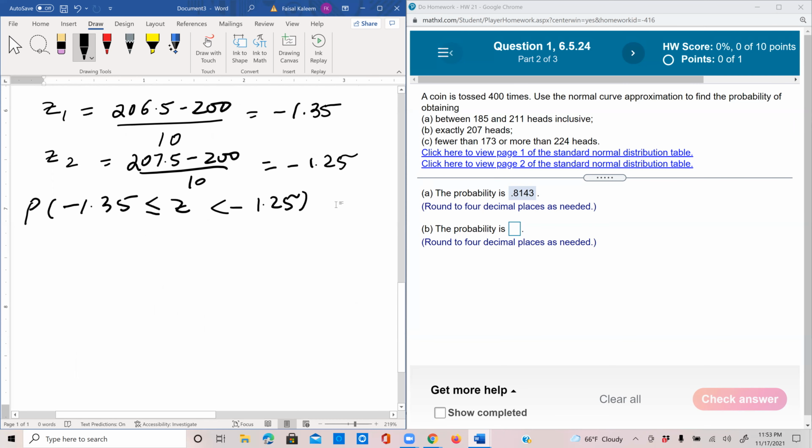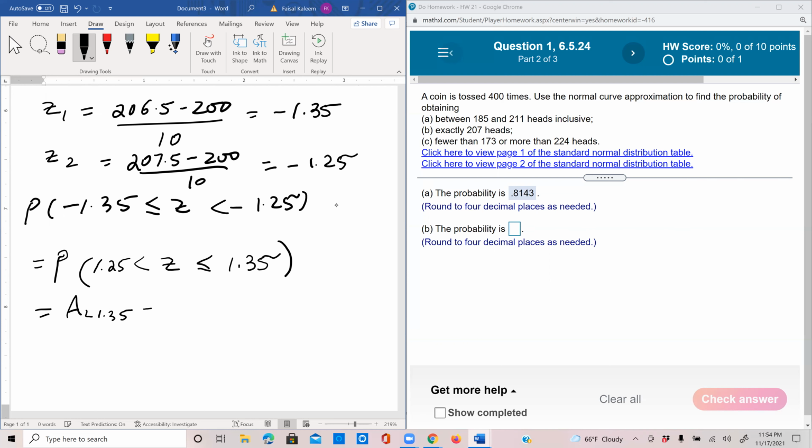So that's the same as the probability Z is greater than 1.25 and less than or equal to 1.35, by using the symmetry of the normal curve. So it equals the area on the left of 1.35 minus the area on the left of 1.25.